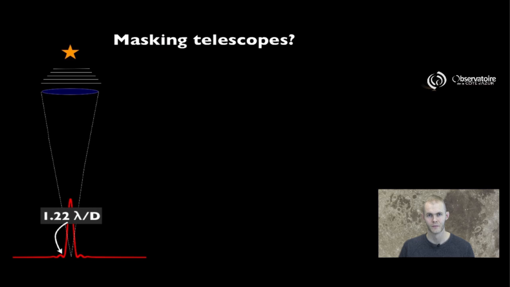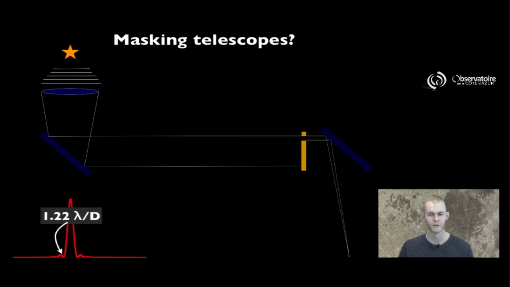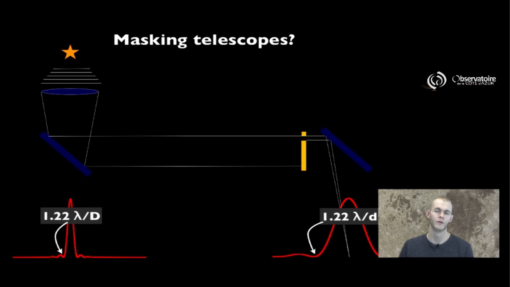What is happening when you mask out most of the aperture, and the way you would do this is simply by inserting a screen in front of your primary mirror, or right behind, or in some relay pupil plane? You insert a screen that is occulting most of the aperture, save for one hole of diameter little d.